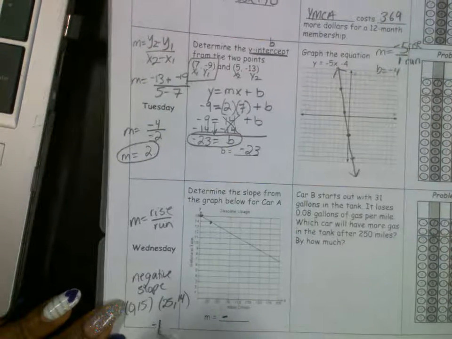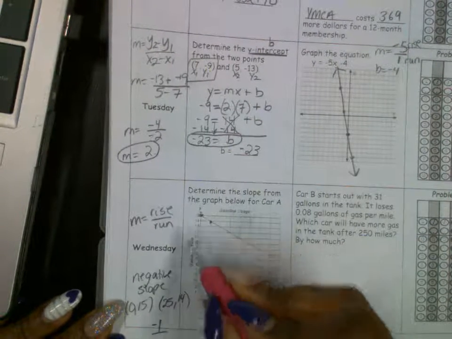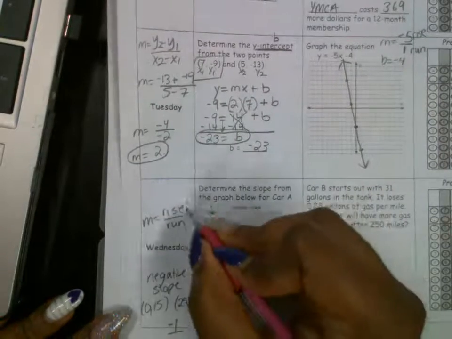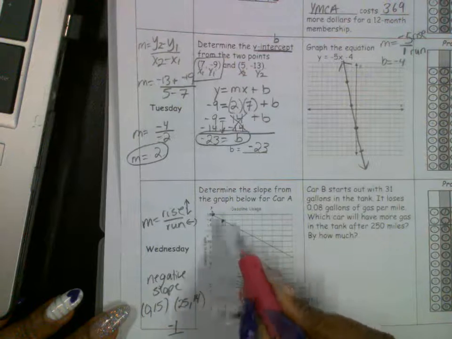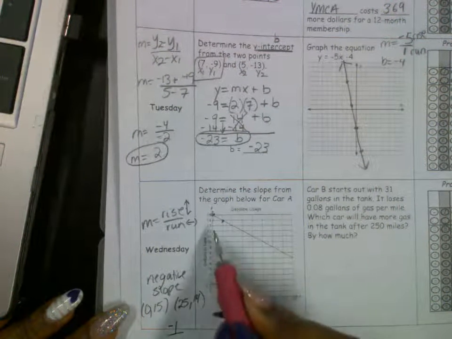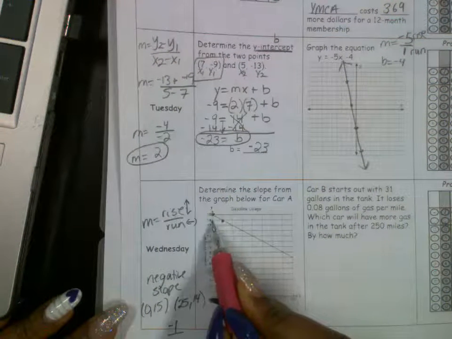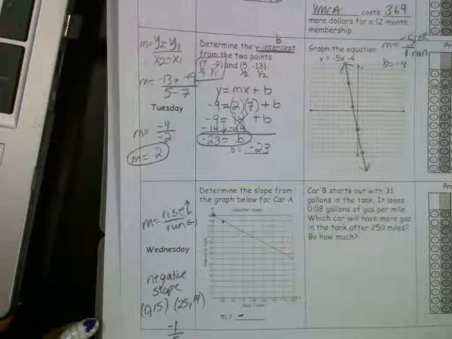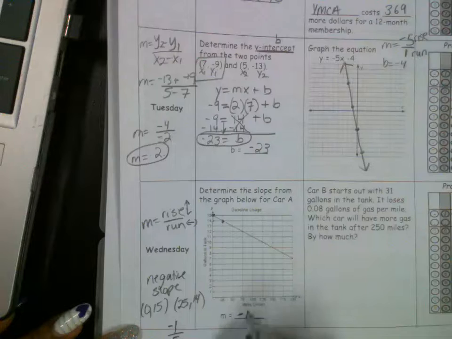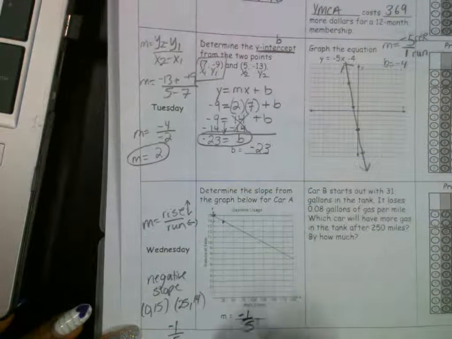So it's -1 on the top. Rise is up or down. Run is left to right. Then it's going to the right. This is going over by 5. So this is 5 on the bottom. So our slope here is -1 over 5.